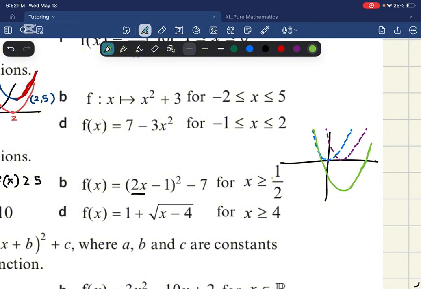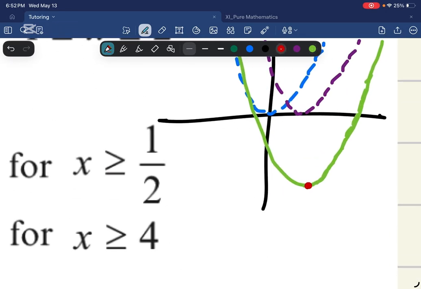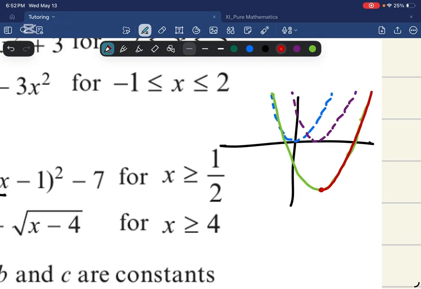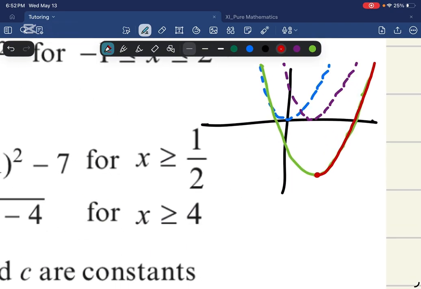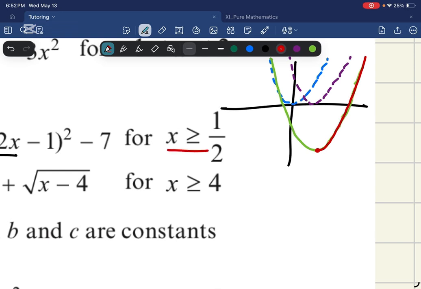And it says for x bigger than or equal to 1/2. So let's just substitute 1/2 here. And I believe that gives us −7 at x equal to 1/2. So if you substitute a half, you're going to get the red arm of the branch.